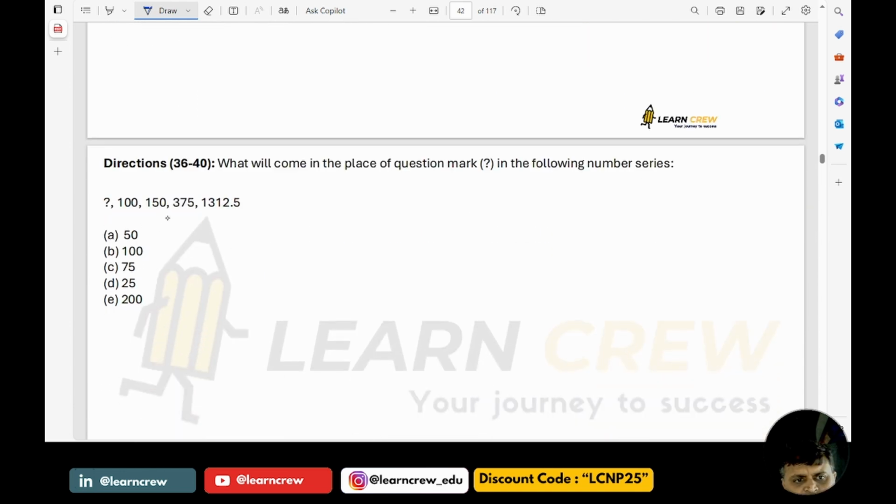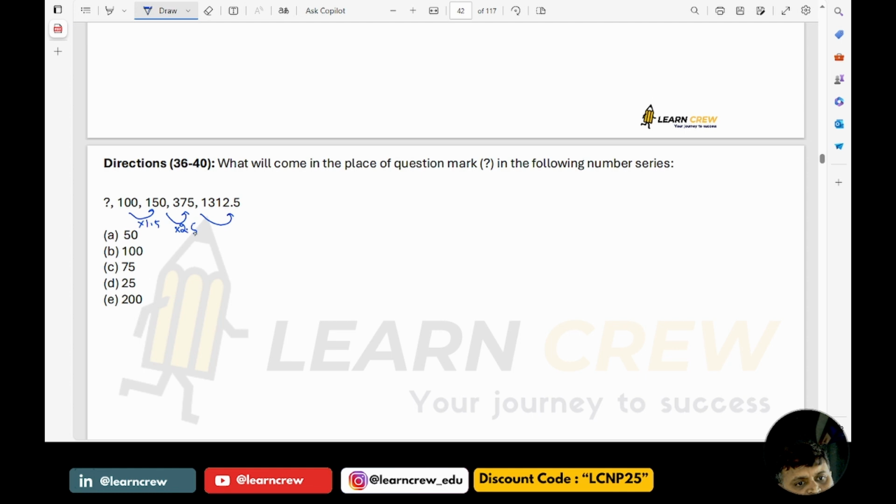Now next one: 100, 150, 375, 1312.5. So what is happening here? The multiplication is happening with a decimal, right? So 100 becomes 150 means it is into 1.5. 150 into 2.5 is 375.